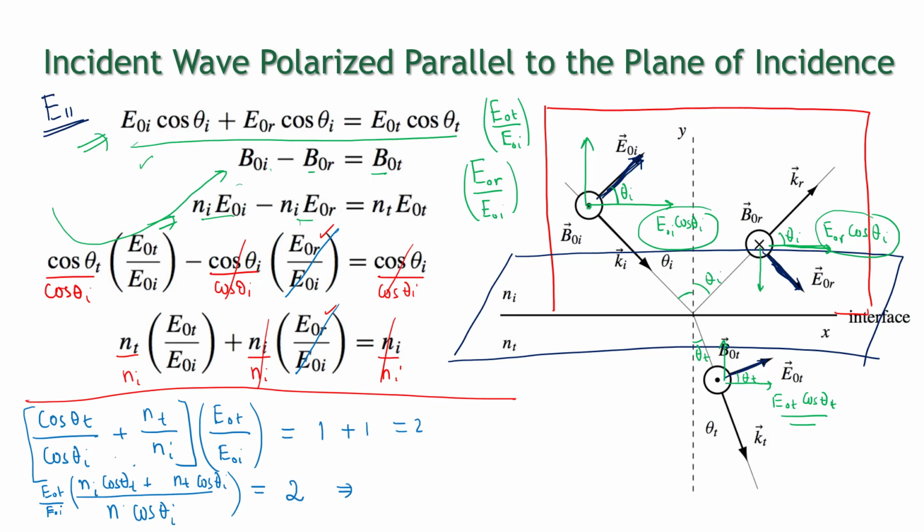So I want to get EOT over EOI. So that would be equal to 2 times ni cosine theta I over ni cosine theta t plus nt cosine theta I. Okay, so that's what we have.